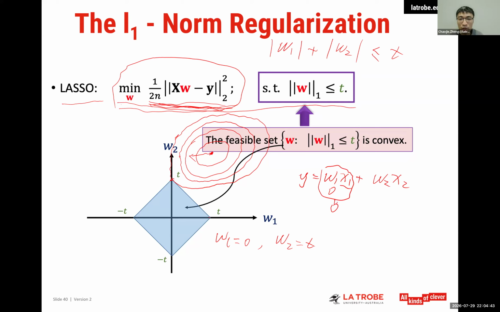And we only have this X2 variable left with weight value W2 equals T.